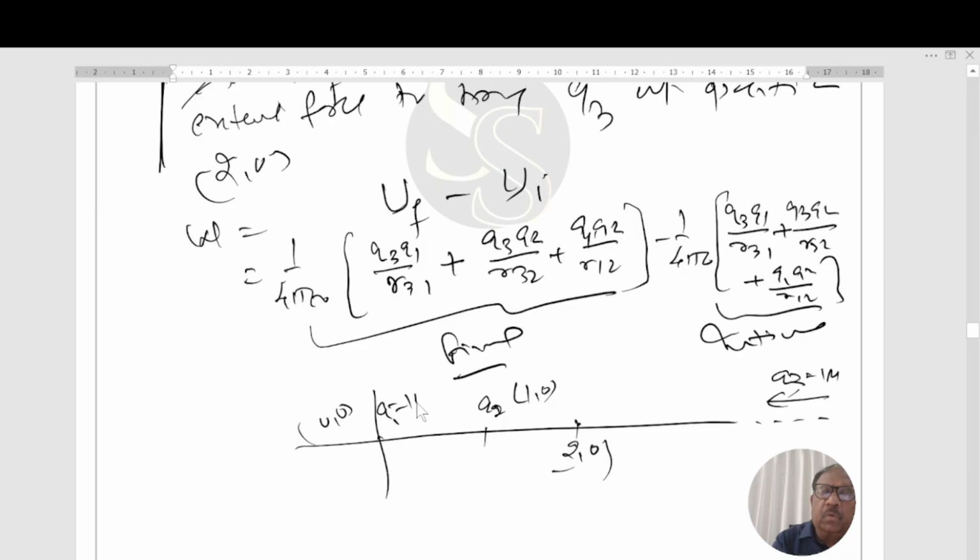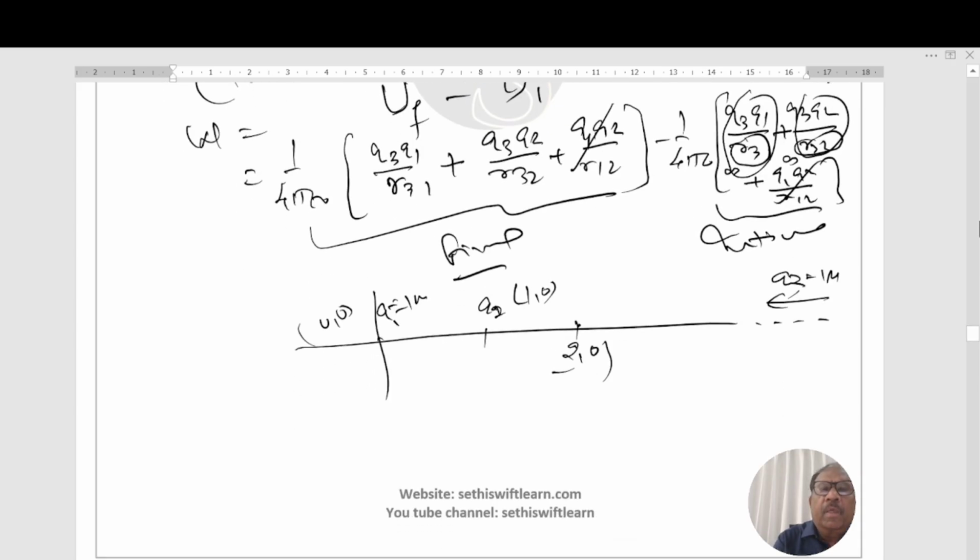Q1 is minus 1 microcoulomb. So R31, R32 are like this. So this will be infinite initially. So this whole expression will become 0. And this will be carried out by this one.